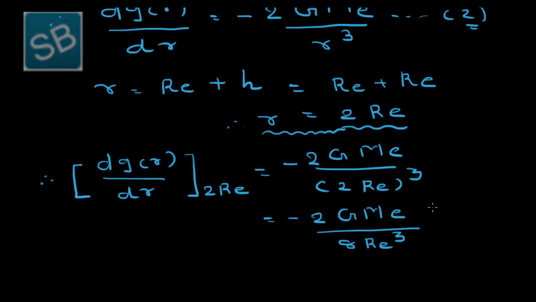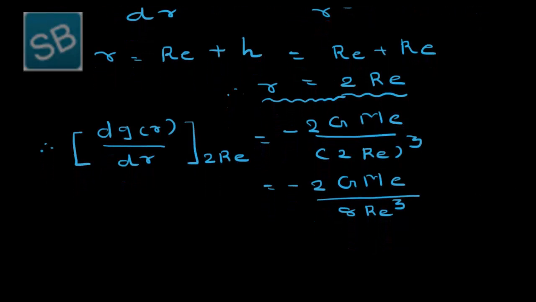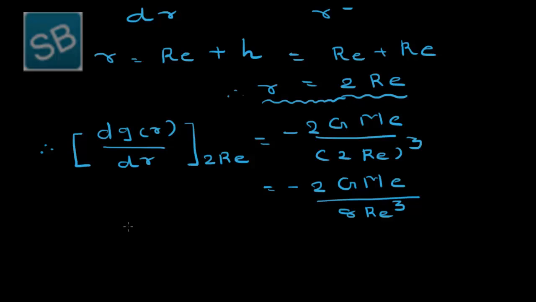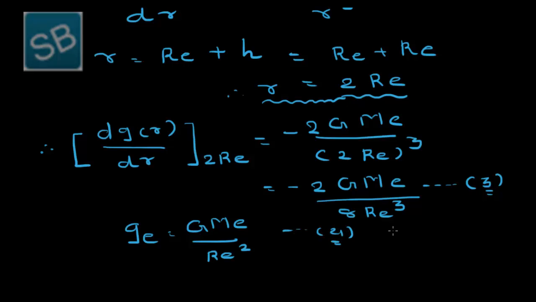So, the acceleration at the surface of the Earth, that means g at Earth, is GMe over RE square. So, let me divide equation number 3 by equation number 4.